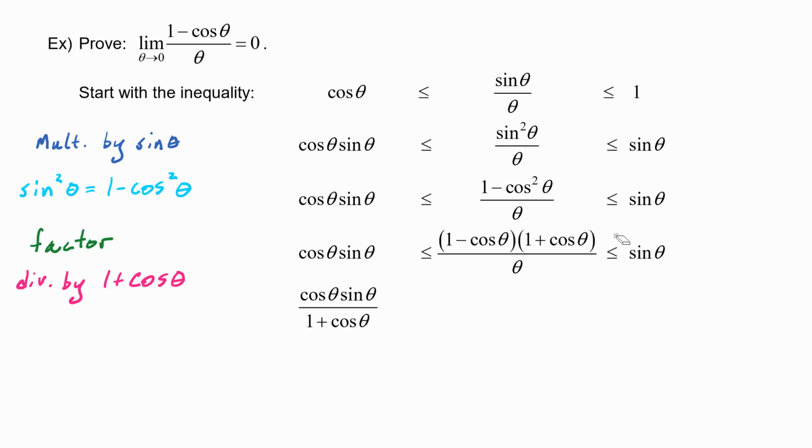In this one, the 1 plus cosine theta in the denominator will cancel out, and now we're left with 1 minus cosine theta over theta. And then on the right-hand side, it turns into sine theta over 1 plus cosine theta. And you can see now, for this middle term, we have the expression that we want to take the limit of. So that's what we will do next, is take the limit.